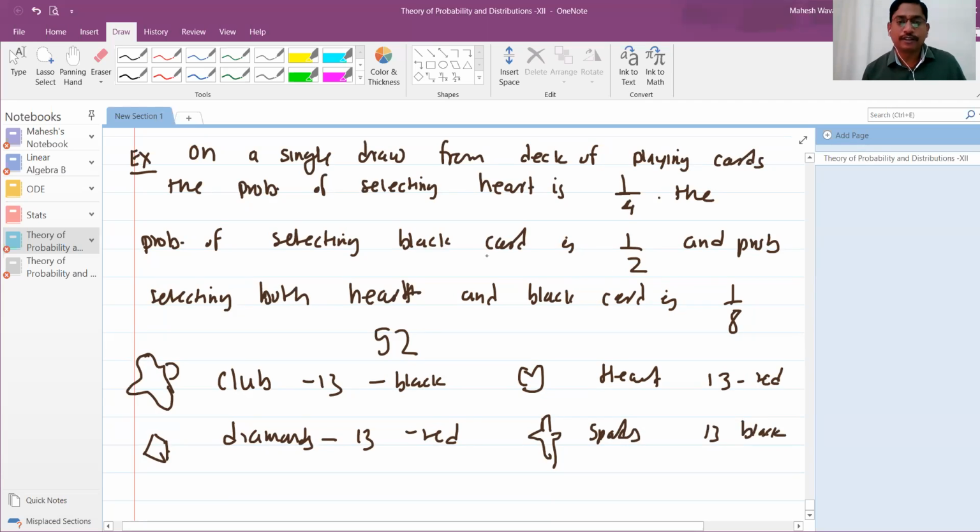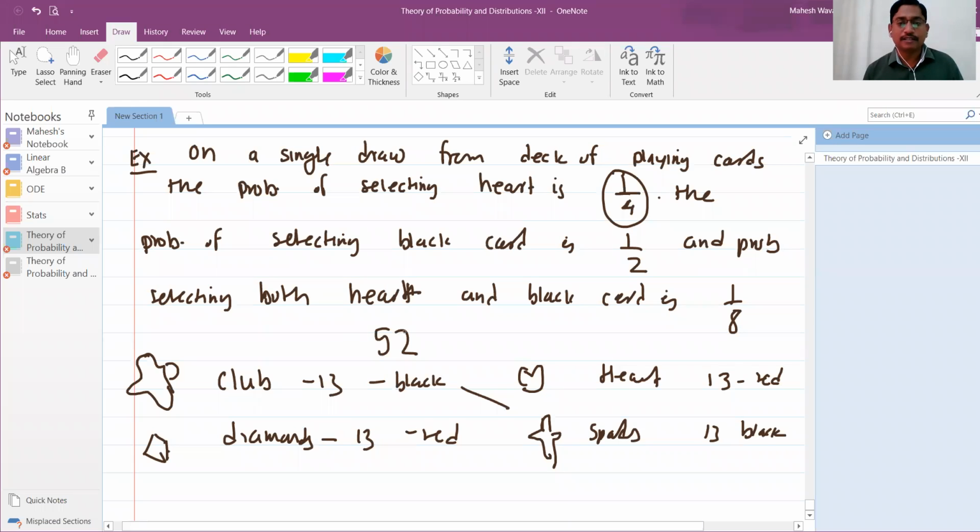Now what has been said? The probability of selecting a heart is correct. Selecting a heart and selecting a black card are not mutually complementary. Selecting heart is 1 by 4. It is correct, 13 by 52. Selecting a black card, there are a total of 26 black cards, so 26 upon 52 is also correct. But selecting both heart and black card is 1 by 8.